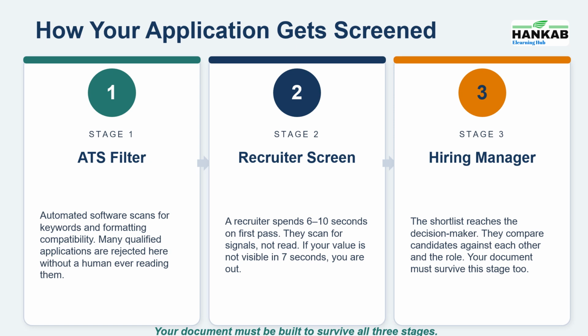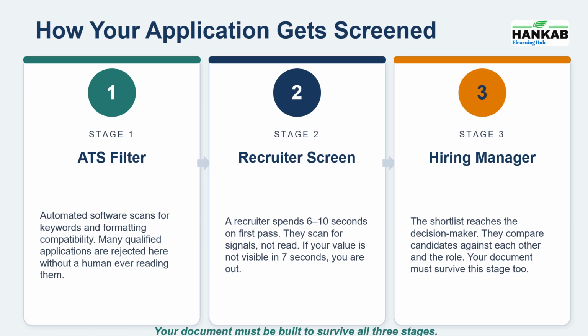It is software. It scans your document for keywords, checks whether your formatting is readable, and scores your application against the job requirements. Many applications, sometimes the majority, are eliminated at this stage. Not by a person, by a machine, without anyone reading a single word of what you wrote.